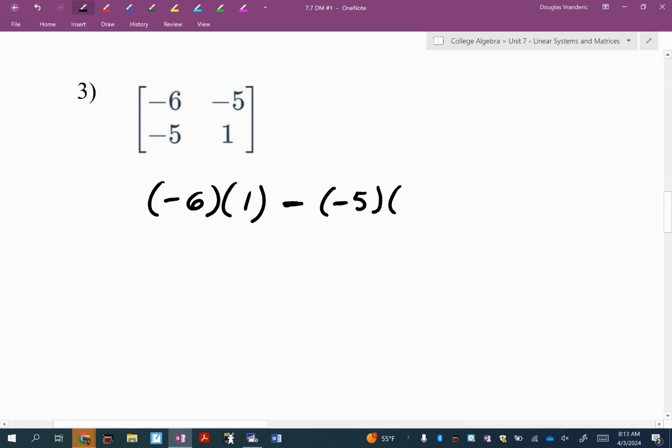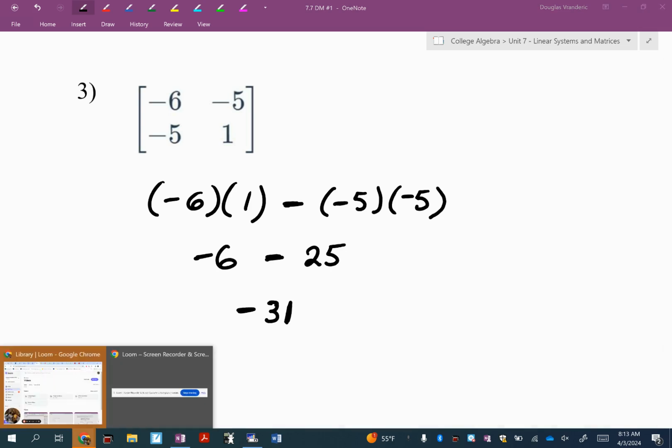So no, this is different from what you're doing. We're doing the diagonals here. So they're both -5. So that's -6, minus 25. What is -6 minus 25? -31. And that's it for finding the determinant.